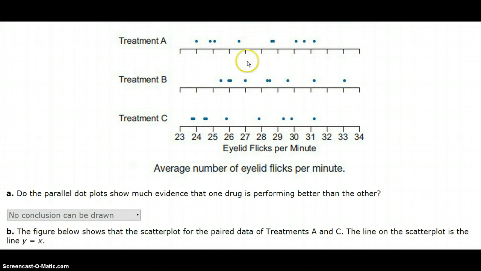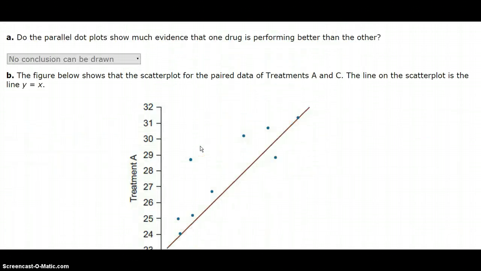It does maybe look like A and C are both a little lower than treatment B, which is the placebo. And that's a good thing in this case, because lower eyelid flicks per minute means that we are drowsier, according to the intro paragraph. So it looks like both A and C may potentially be working.